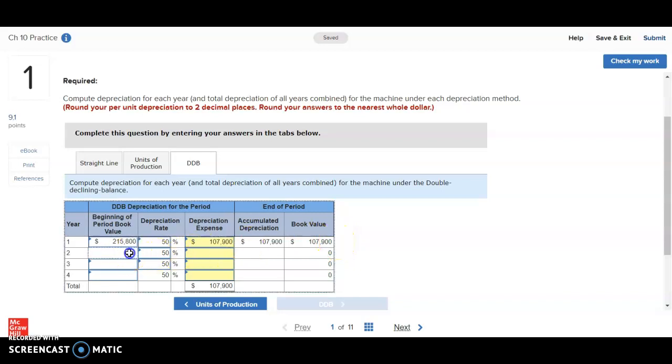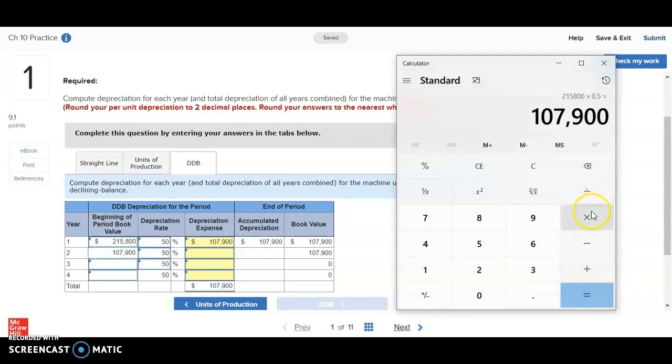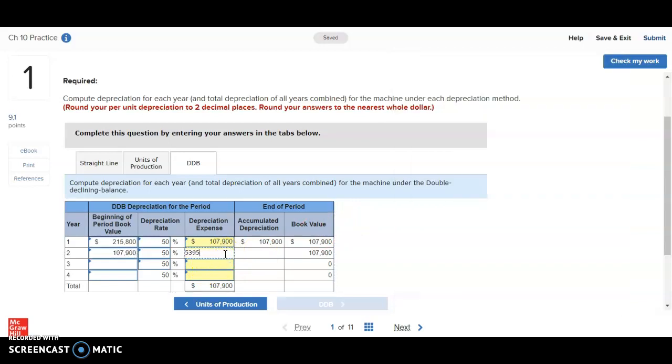That's going to be our beginning amount for our second year. Again, we multiply that times 50%, and we depreciate $53,950 for year 2, which is added to what we depreciated the prior year to give us a total accumulated depreciation of $161,850, which brings our book value down to $53,950.